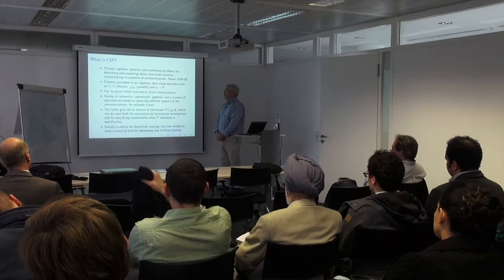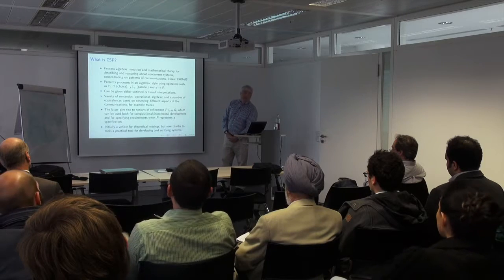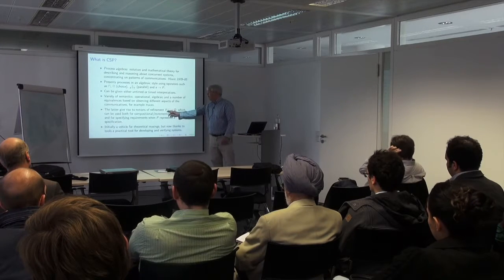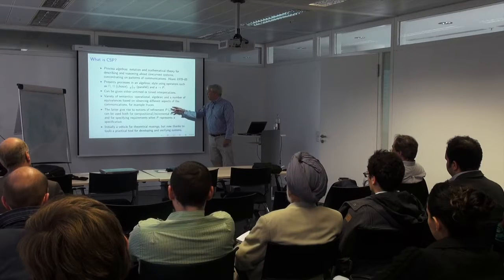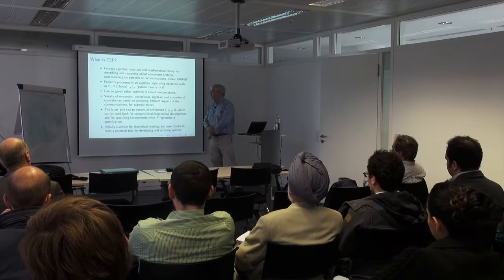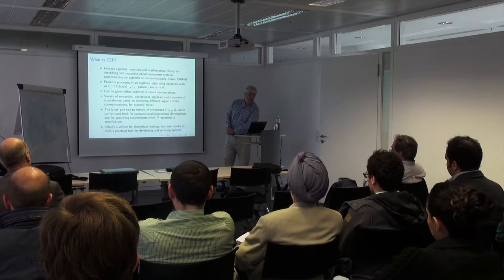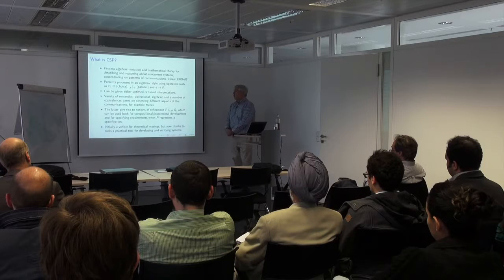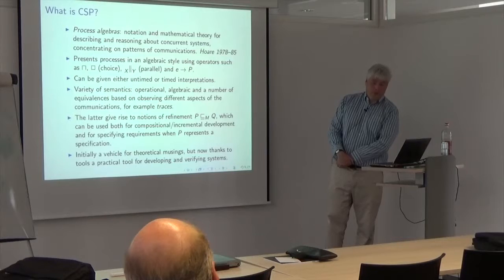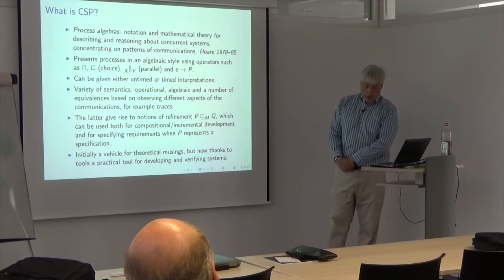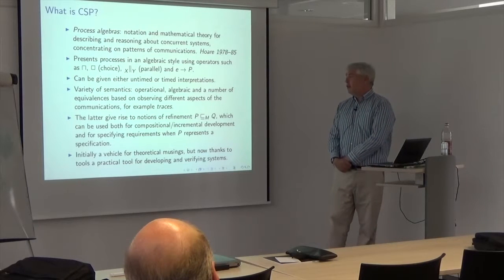These models give rise to notions of refinement between processes. So you can say that P is refined by Q if everything that Q does is permissible for P. And these can both be used for what you would think refinement would be used for, which would be compositional development or incremental development of a system, or, for example, for comparing one release against the previous release.